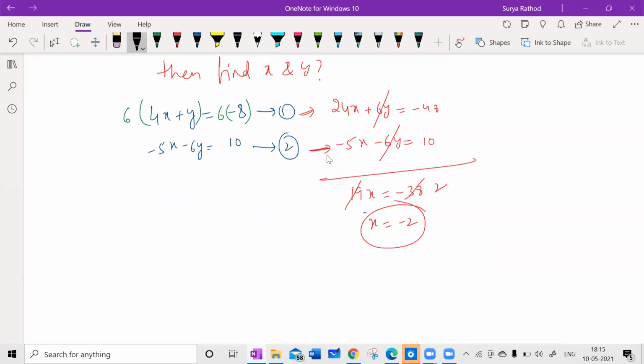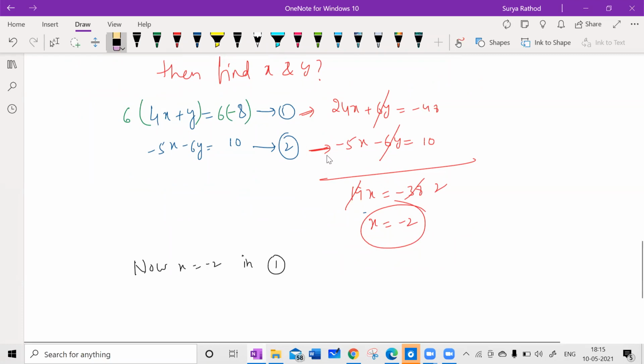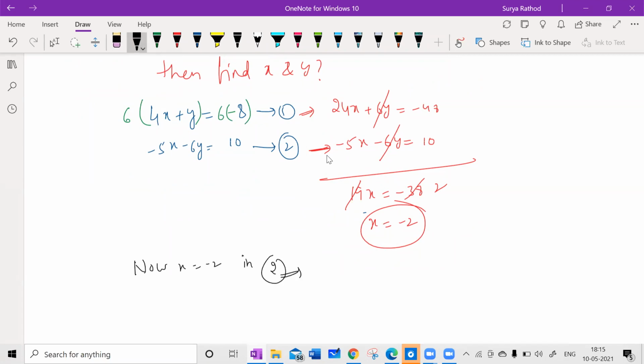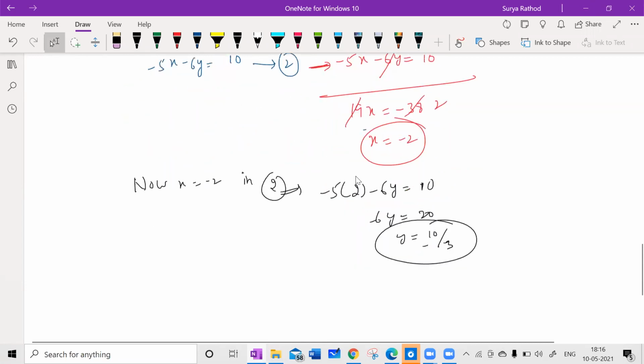So if I now substitute x is equal to minus 2 in the second equation, you can substitute in any equation. So minus 5 into minus 2.